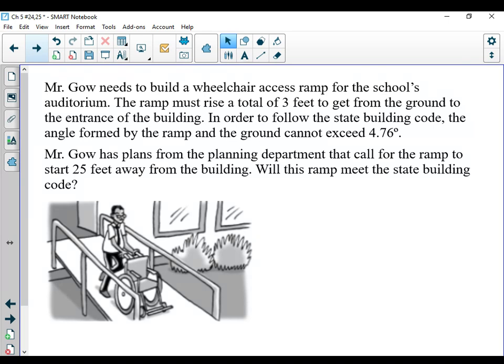And in your discussion, compare your sketches. You know it's going to be a right triangle.